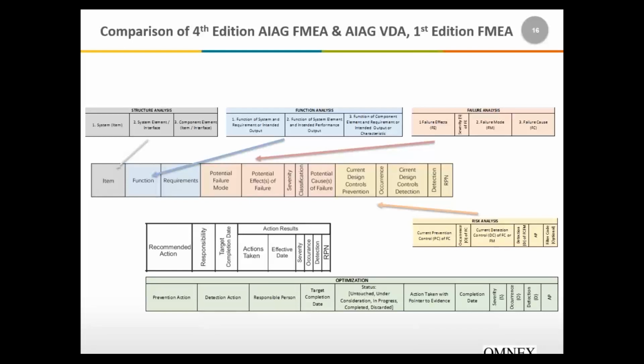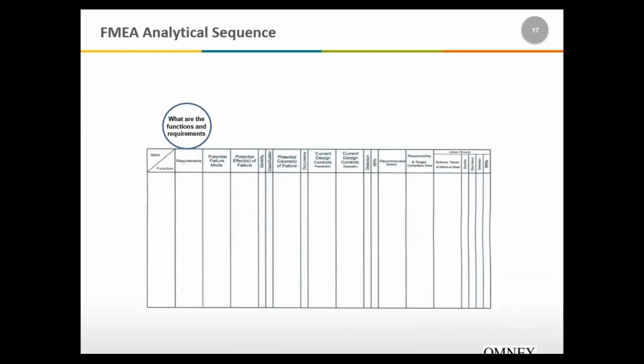And I'll just point that out to both of them, that the evidence of the action taken with the pointer to the evidence will be there by the new FMEA. All right. So I've spent already probably a little too much time. And by the way, Greg, feel free to comment anytime as I go through this.